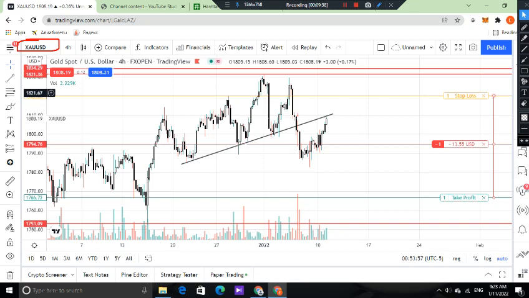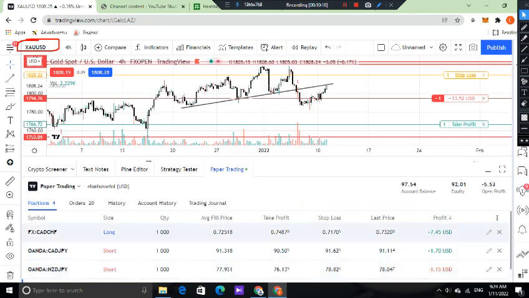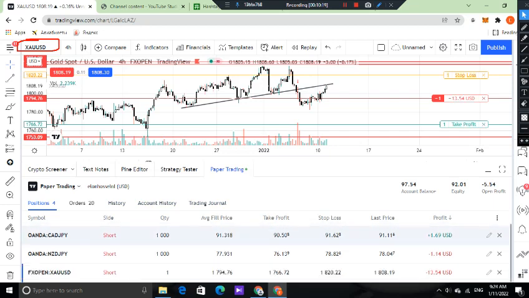And I'm a big fan of set and forget orders, which means you set an order and you forget about it, and after a while you check out your portfolio and see in your history if you took profit or loss.